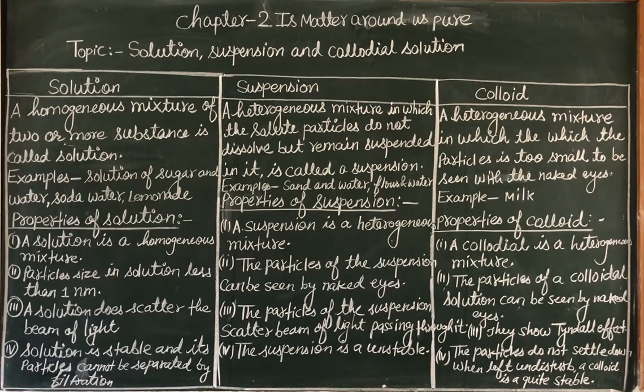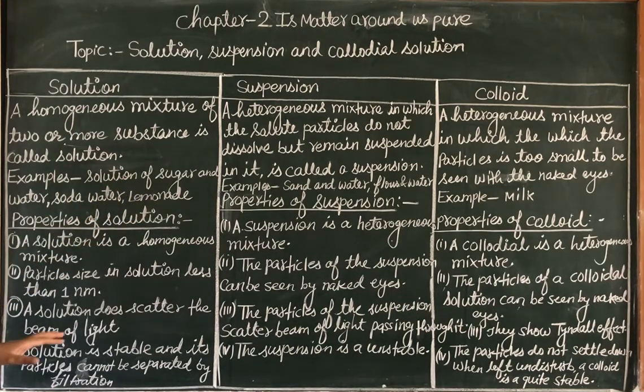We see that a solution has two components, one is solute and another is solvent. For example, in the solution of sugar and water, sugar is the solute and water is the solvent. In soda water, the carbon dioxide is the solute and the water is the solvent. In lemonade, the lemon juice is the solute and the water is the solvent.